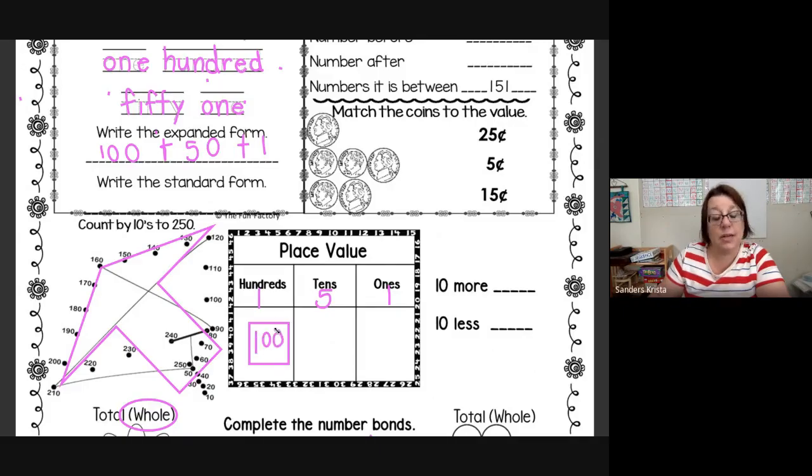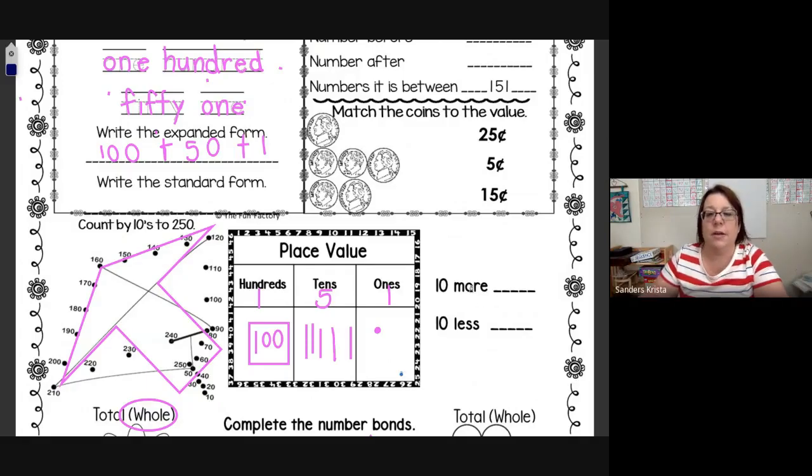So I remember that I have to have 3 place values, right? So 100 plus 5 tens, 1 ten, 2 tens, 3 tens, 4 tens, 5 tens. Okay, so I have 100 and 5 tens and 1 one.